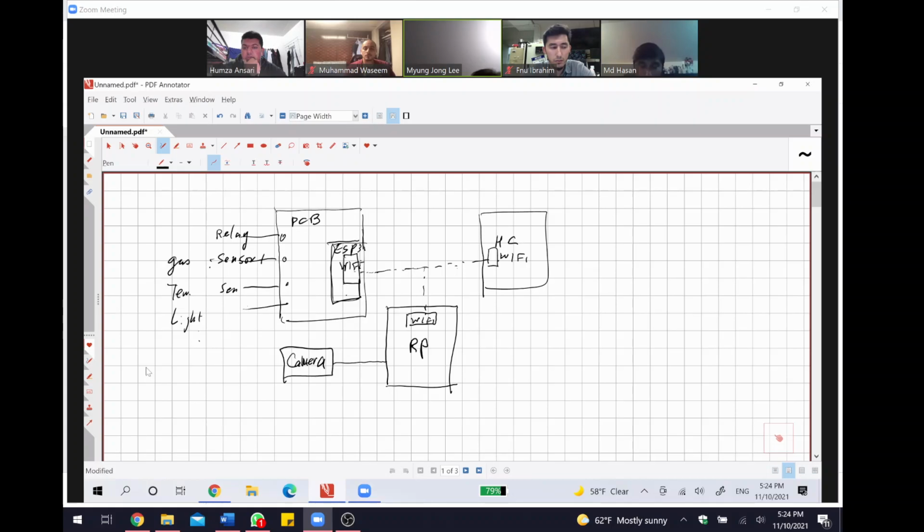How many pins are there? 32. So it's this type of chip. And what about Wi-Fi? You buy the Wi-Fi chip as well? No, Wi-Fi is built in there.